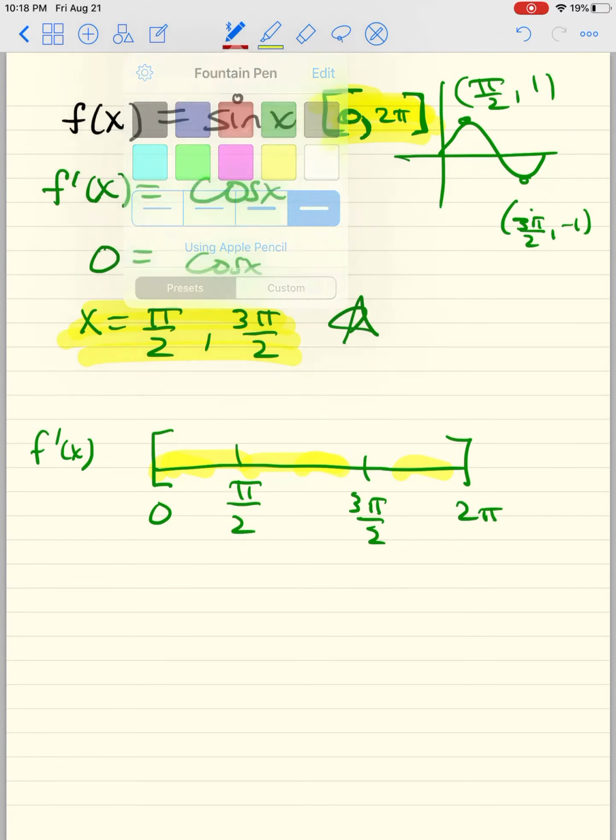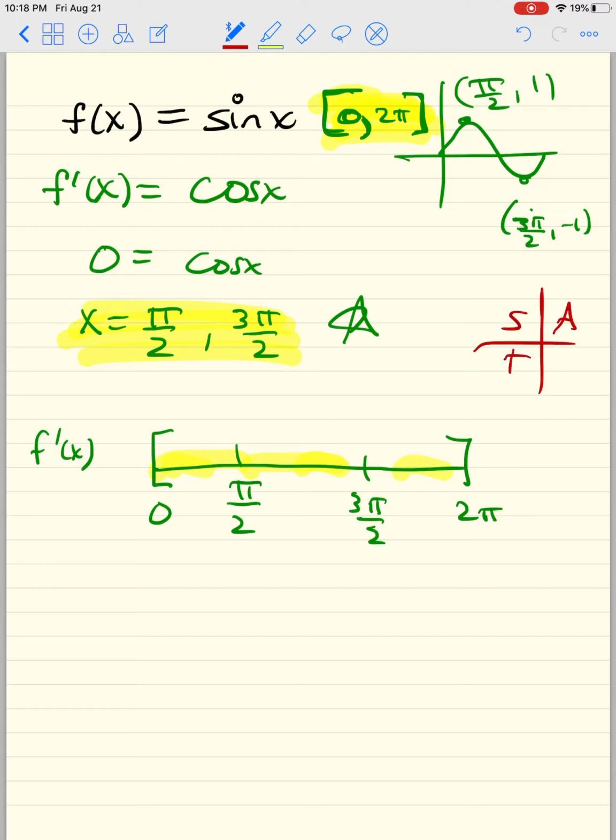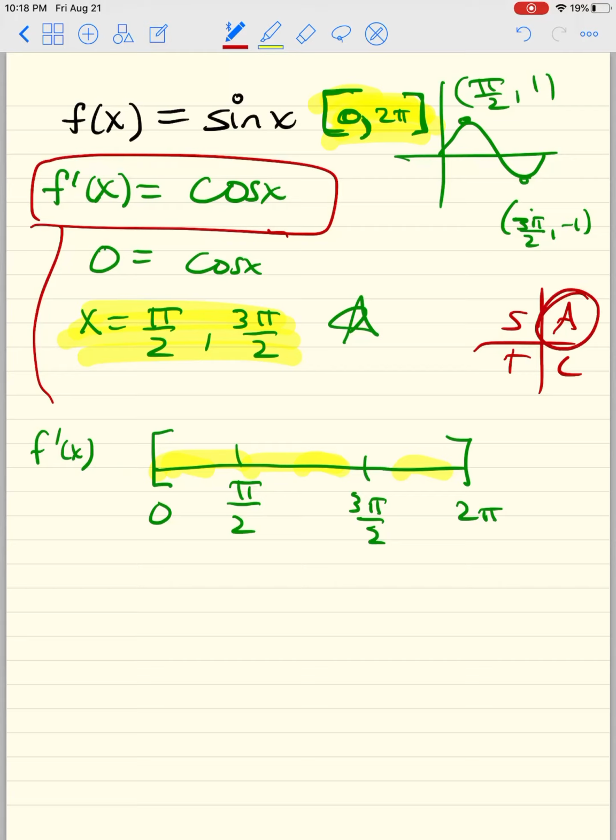Remember, all students take calculus. So we're going to pick a number between 0 and pi over 2. Remember, pi over 2 is 90 degrees. So pick 60 degrees. Is the cosine of 60, I'm plugging it right back into f prime, positive or negative? Well, 60 degrees is right here, so that's positive.